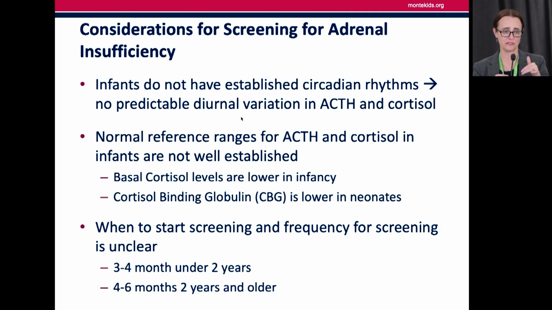In addition, we have recently changed cortisol assays. Most institutions across the country are now using more specific assays with less interference, and so most cortisol levels have dropped since the guidelines were published in 2019.